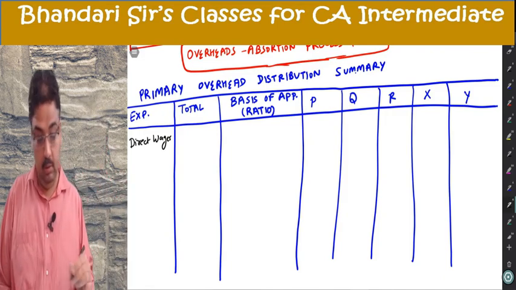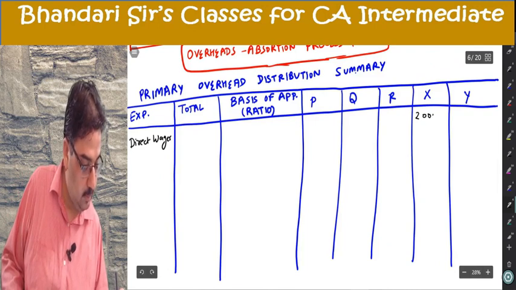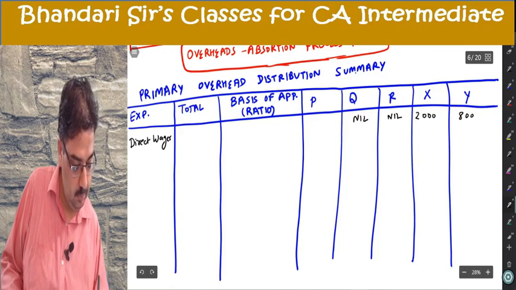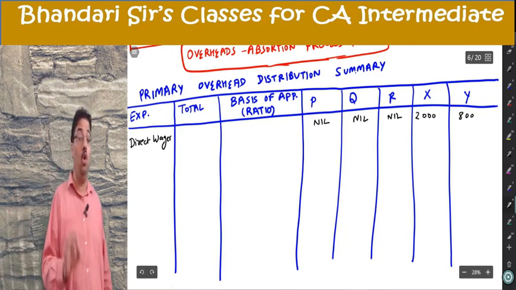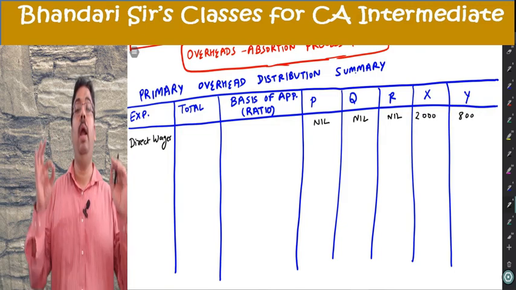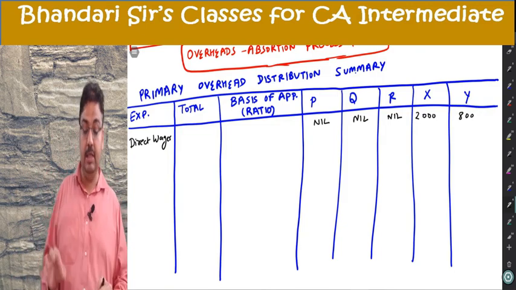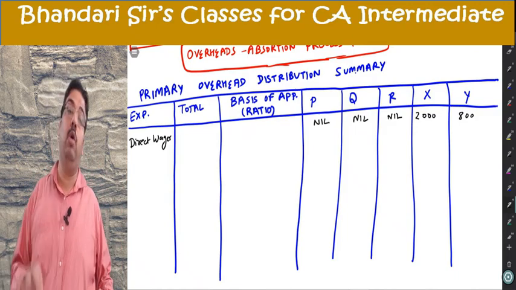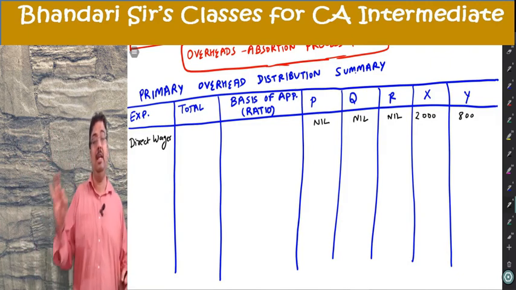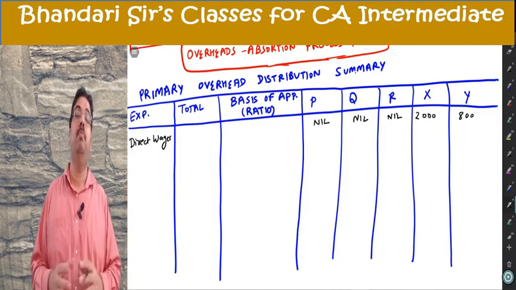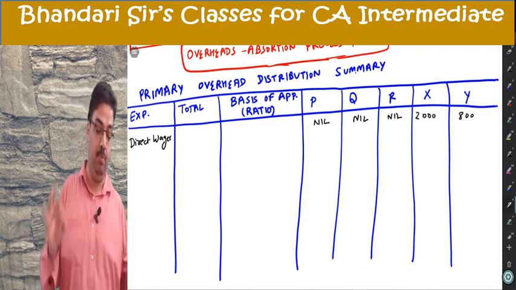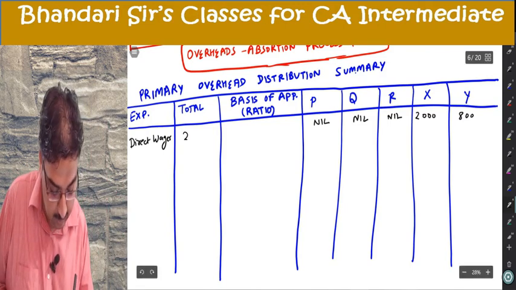I am going to put 2000 in X and 800 in Y. In notes you can explain that direct wages of production departments P, Q and R are prime cost, hence will not be considered in our overhead distribution summary. So make sure: service department direct expense, never forget; production department direct expense, never put. Very, very important starting point. So the total amount will become 2800.